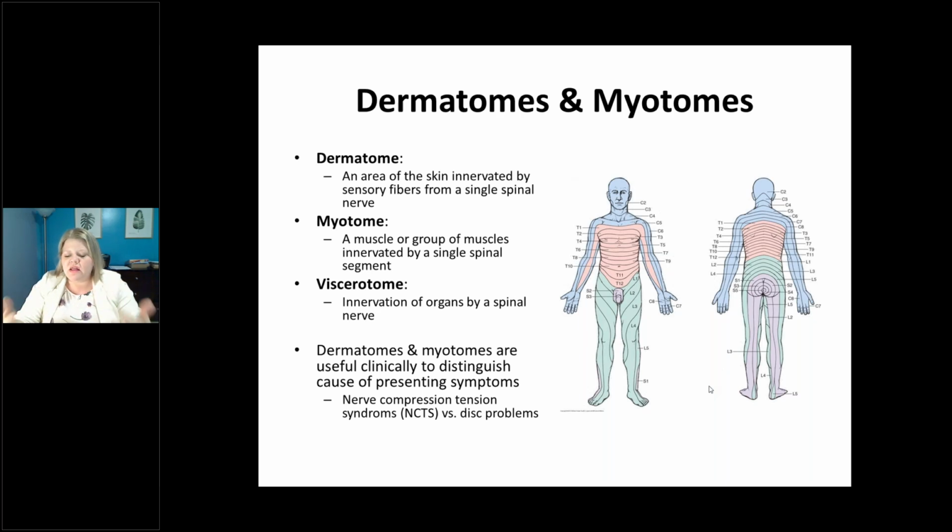And the client is giving you information about changes or alterations in the sensation of your touch. So if one side feels different than the other. And then with further evaluation, you can actually isolate it by looking at a very predictable map, which is in this picture here, of what spinal nerve is related to that portion of skin.